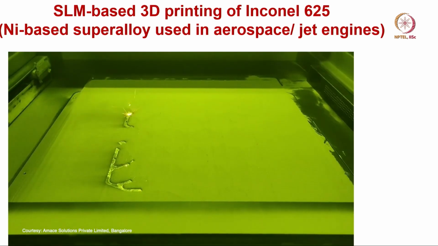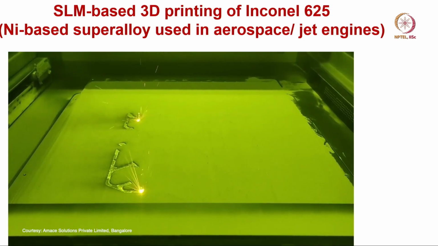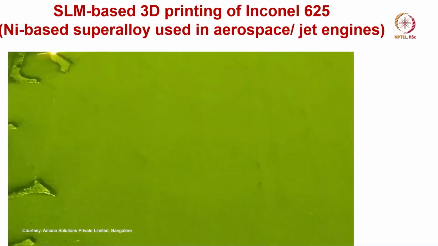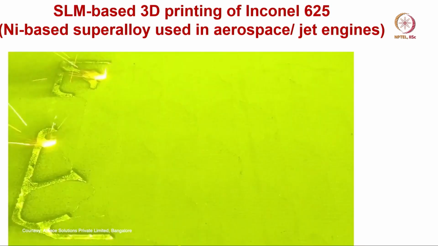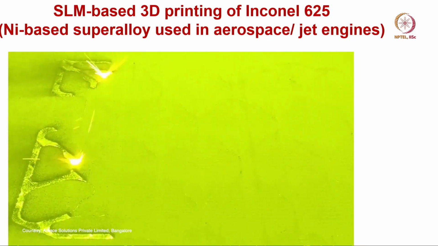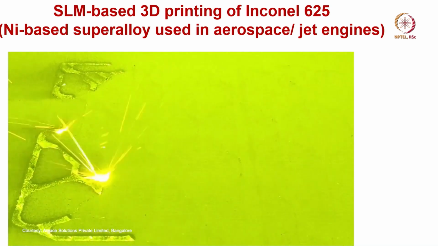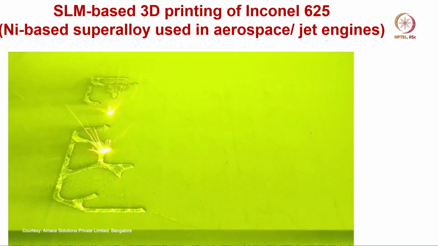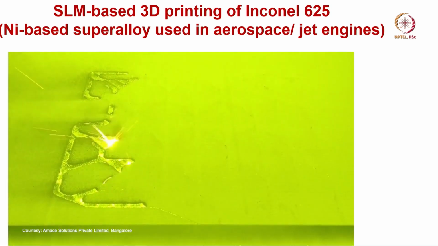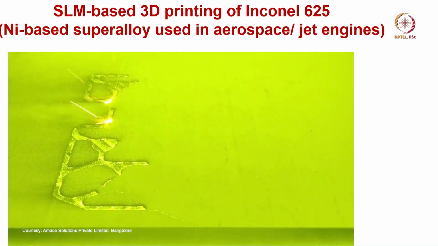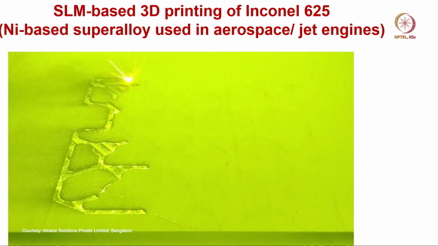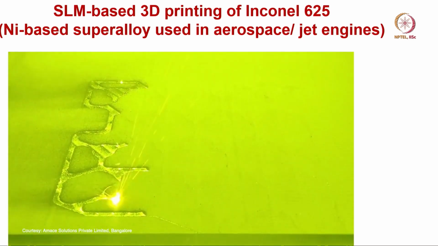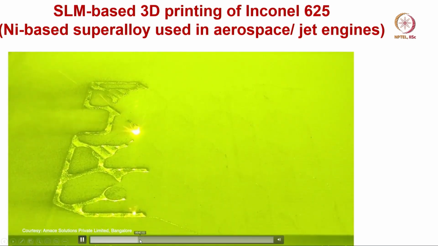Now, the technique you see here is SLM or SLS, selective laser melting or selective laser sintering, and these are used in an interchangeable manner. You can see a very close up view of how the laser beam is being used to make these specific Inconel 625 components.